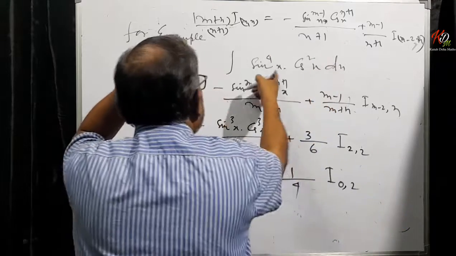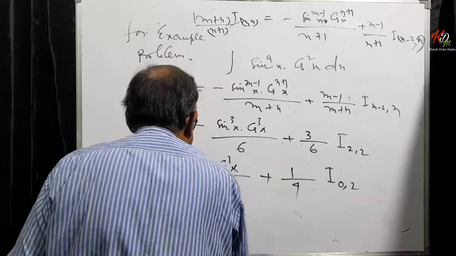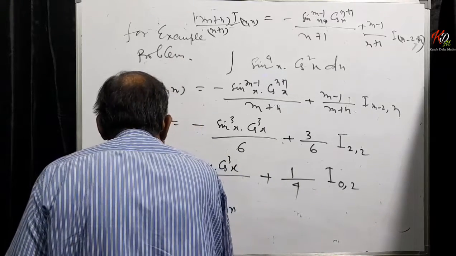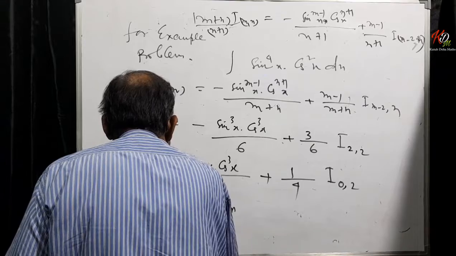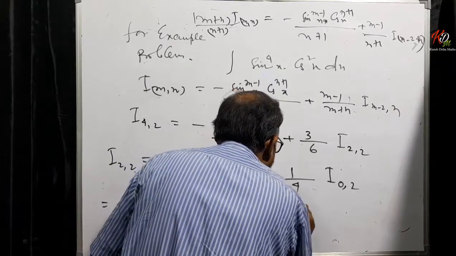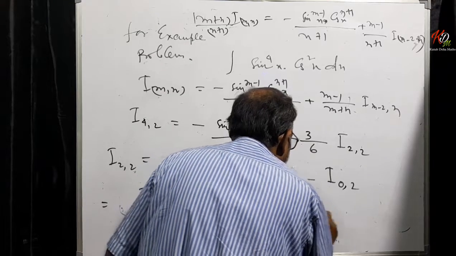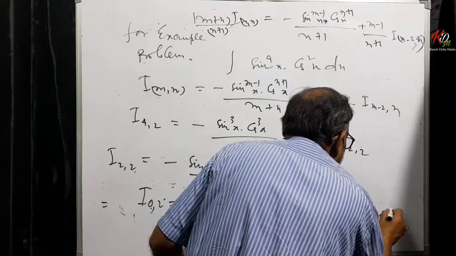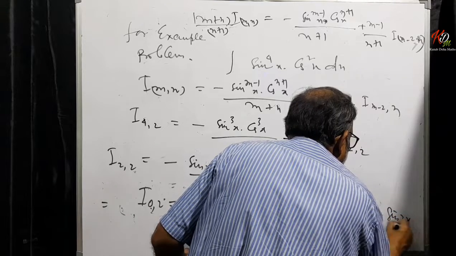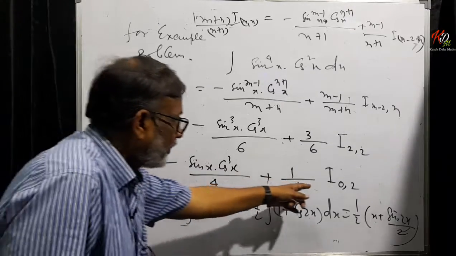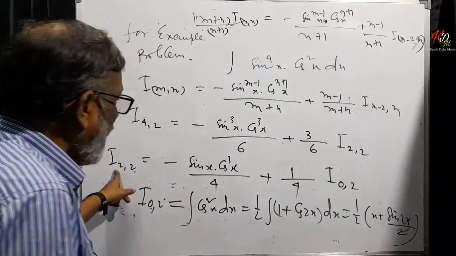Now I 0 2, that means integration of cos square x dx, which is half of 1 plus cos 2x dx, equals x plus sin 2x by 2. Now putting these values in I 0 2, we have I 2 2.